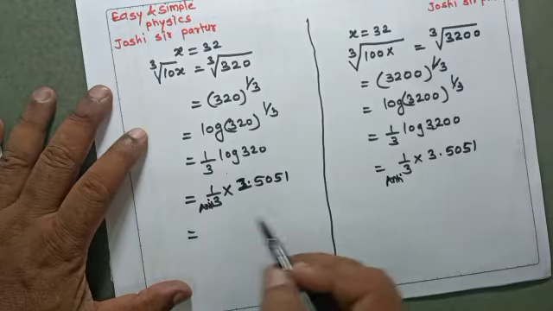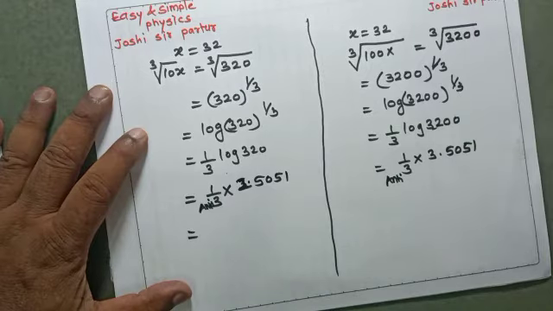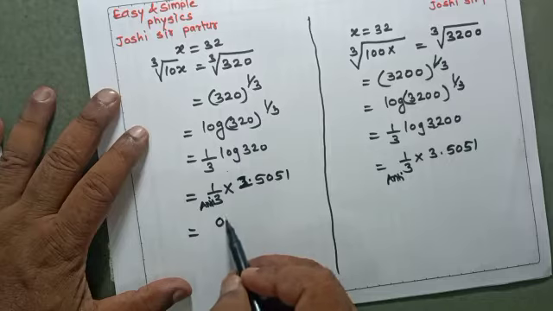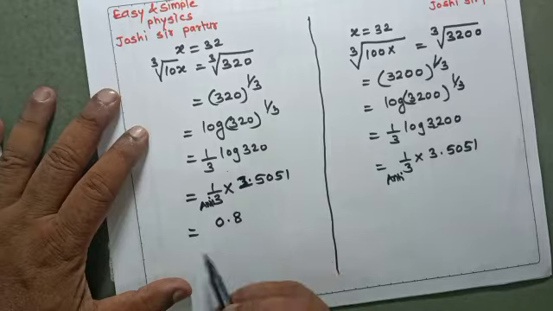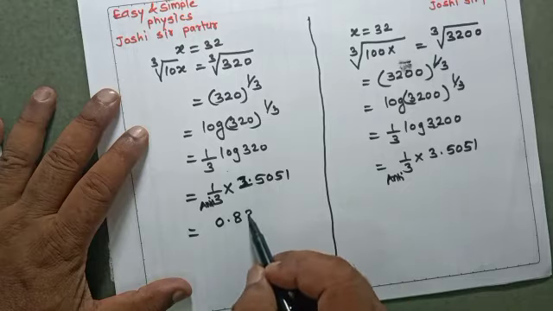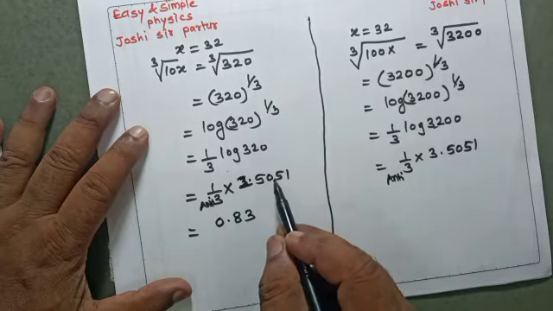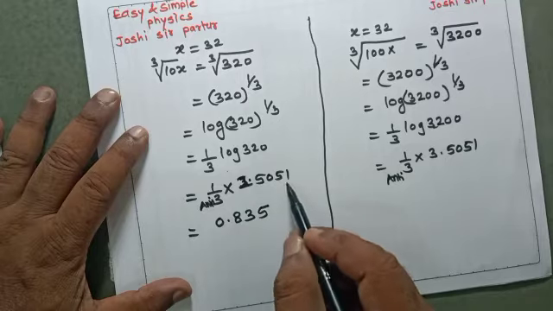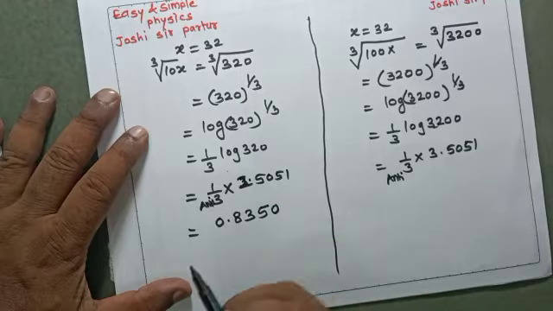So if we divide 2.5051 by 3, it will be 0.8, that is 24, 1 is remaining, so 10. 3, 1 is remaining, 15. 5, and here 0.